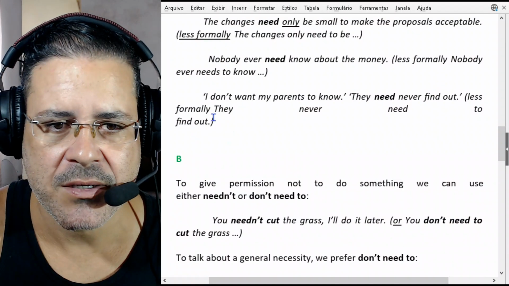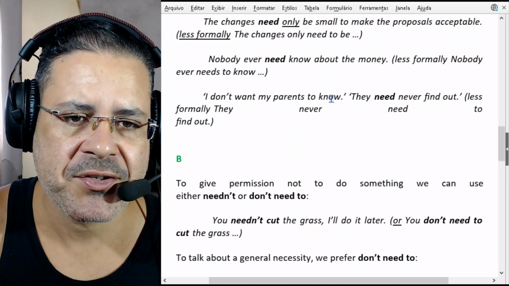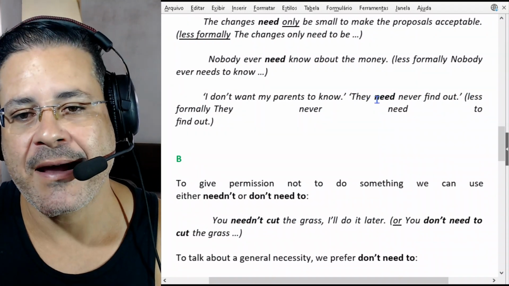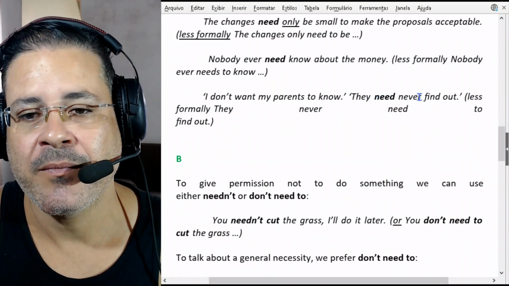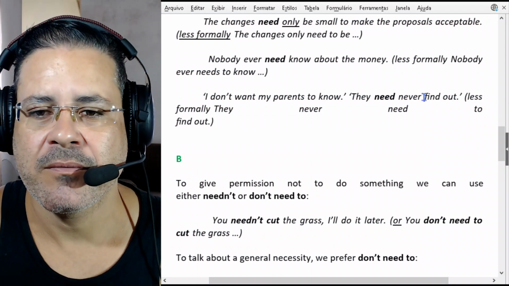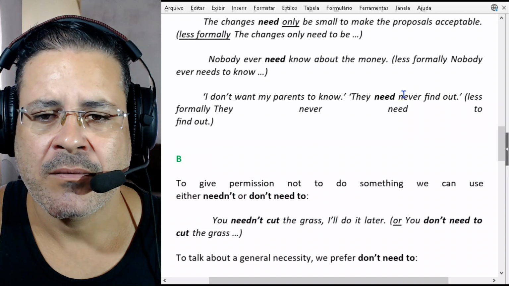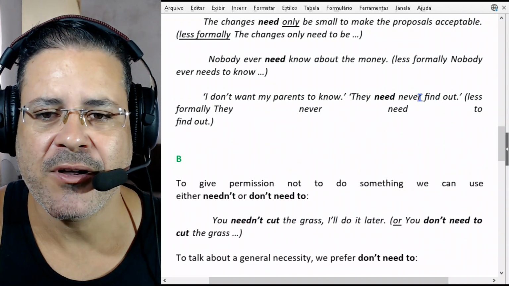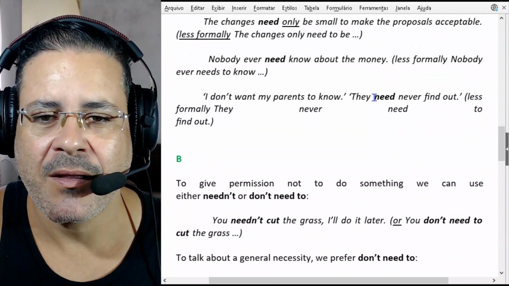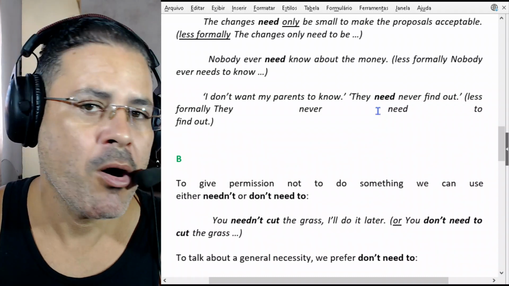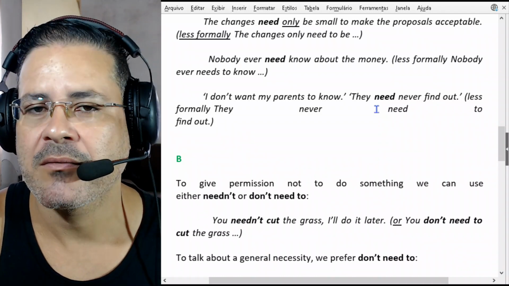Again, let's continue. I don't want my parents to know. They need never find out. Again, they need never. We have a bare infinitive, and it's followed by a verb without to. The verb here doesn't change, so is this a modal or an ordinary verb?